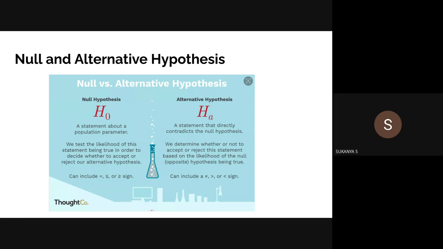We always either reject the null hypothesis or do not reject it. But there's nothing wrong in accepting your alternative hypothesis for the time being, not in real life, for the time being.